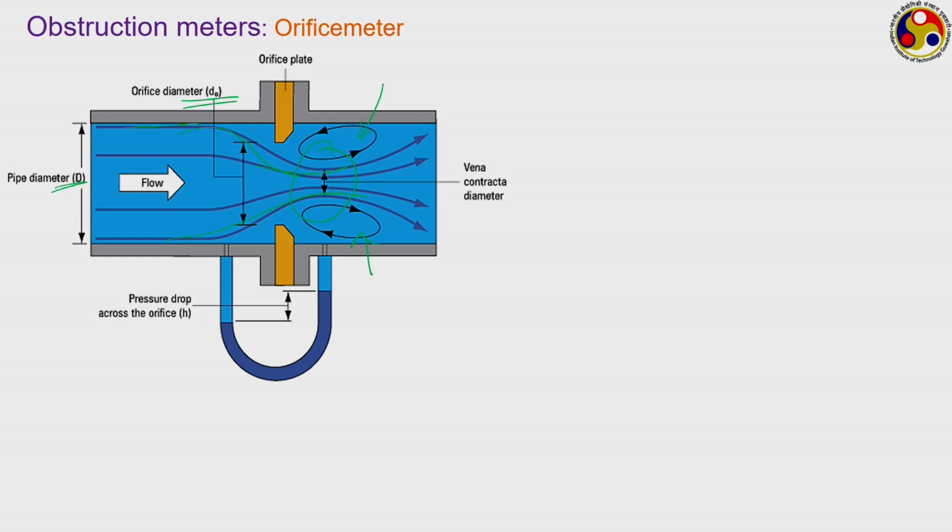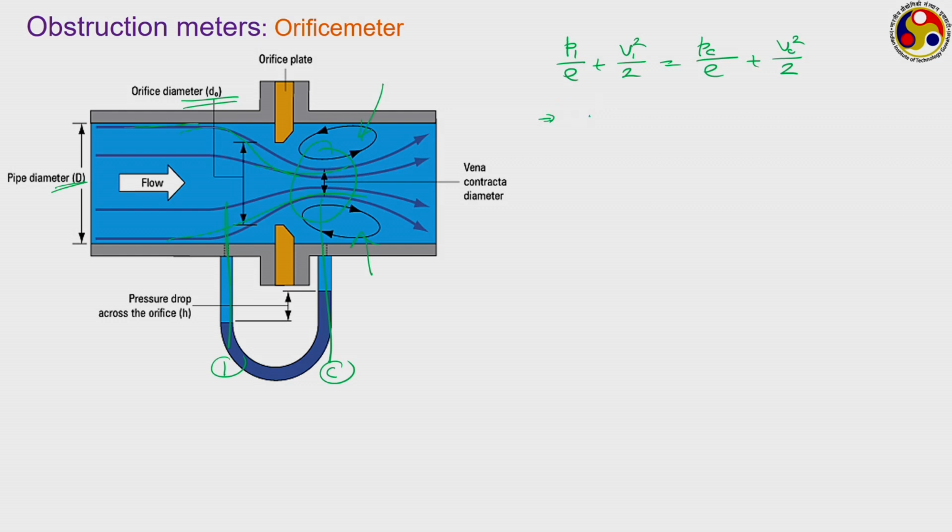Like if we see this particular configuration where one tapping is put at position 1 and the other tapping is put at the vena contracta position, say position C, then we can apply Bernoulli's equation to write P1 upon rho plus V1 square by 2 is equal to Pc upon rho plus Vc square by 2, assuming they are at the same elevation.